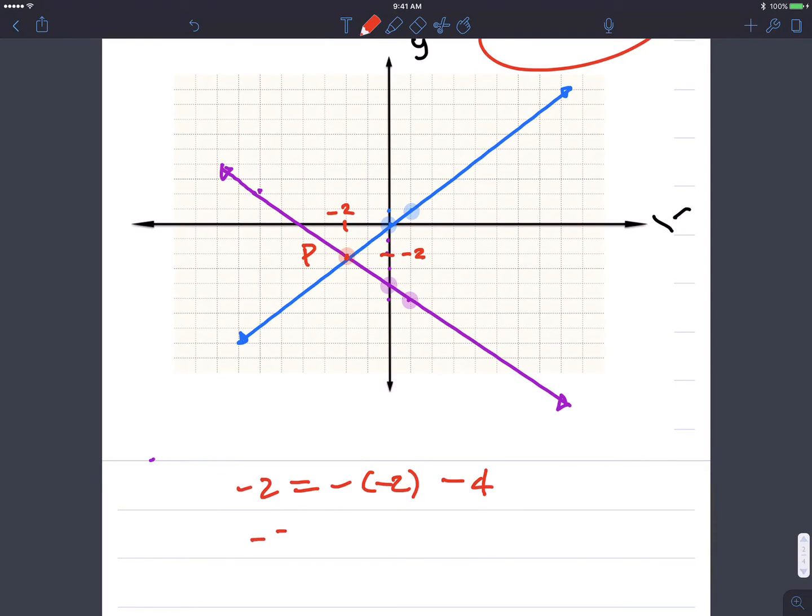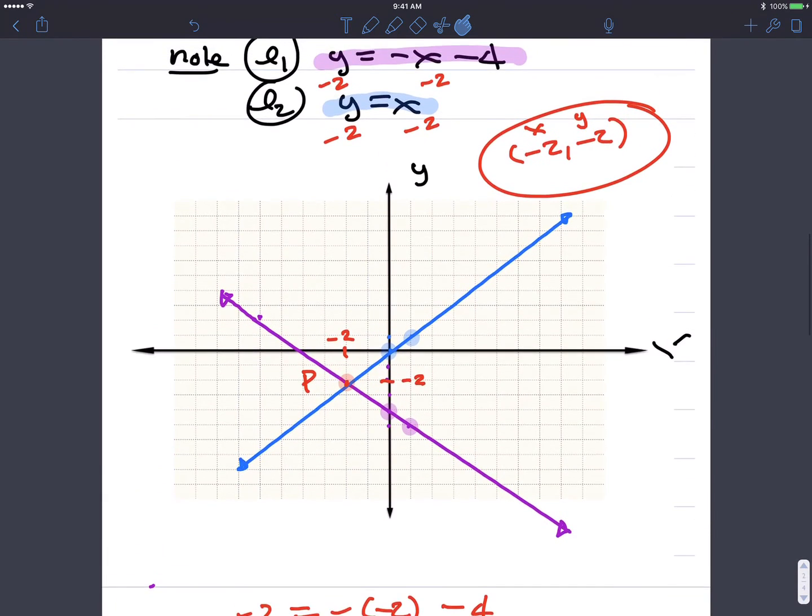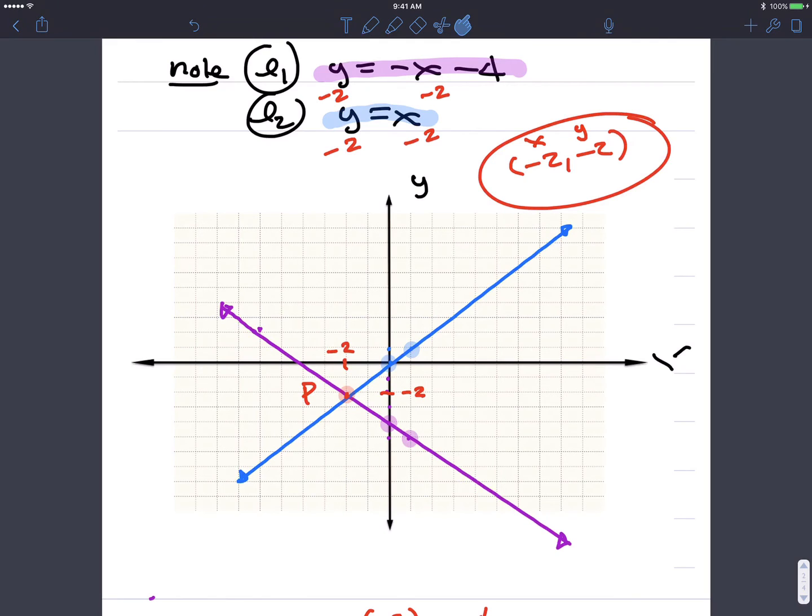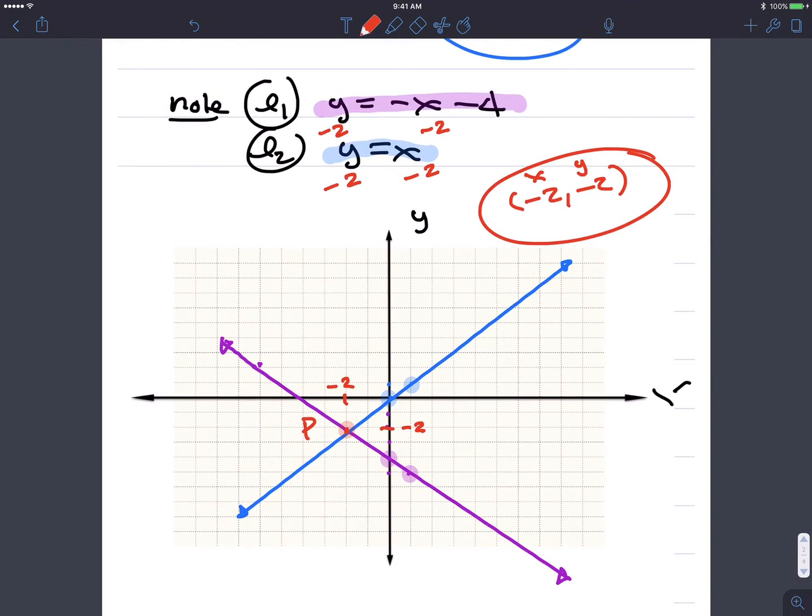Let's double check. Minus a -2 is +2, minus 4 is -2. Sure enough, this is the location of my intersection. The point with coordinates -2, -2. This point P satisfies both equations. We are done.